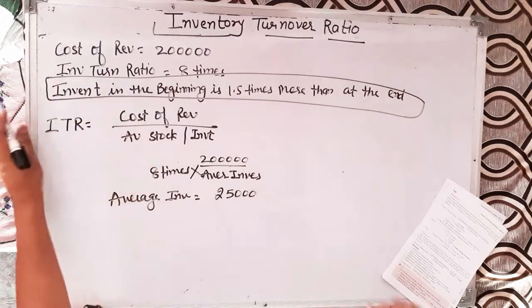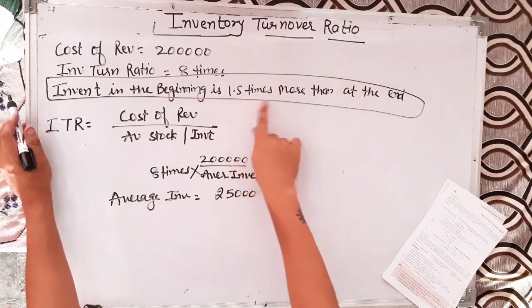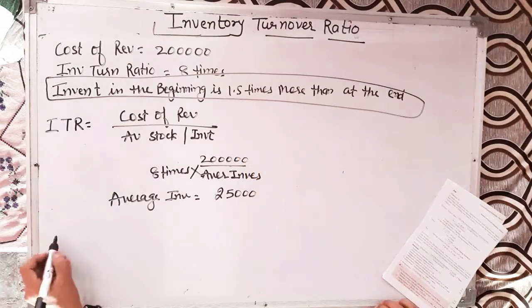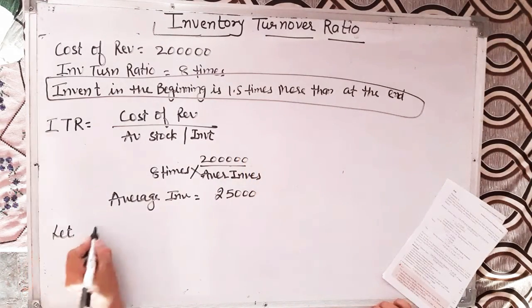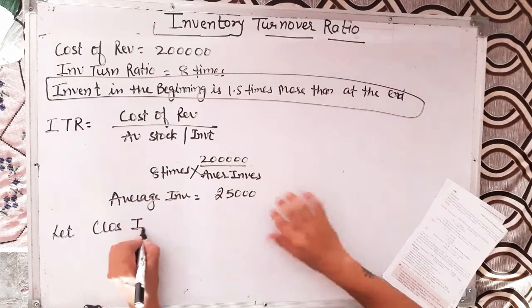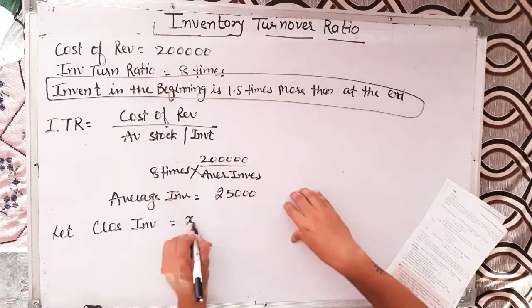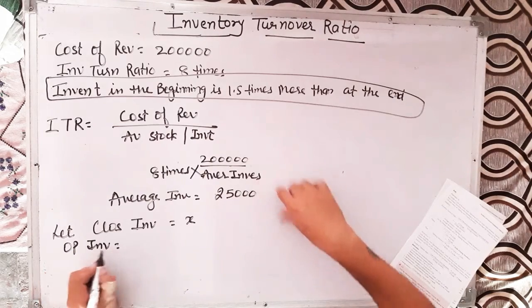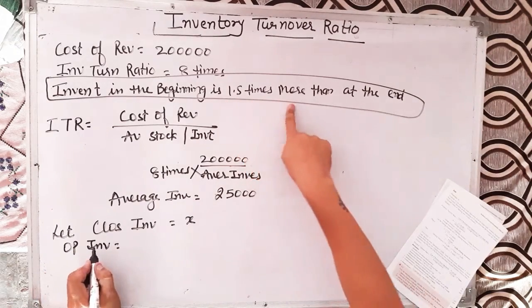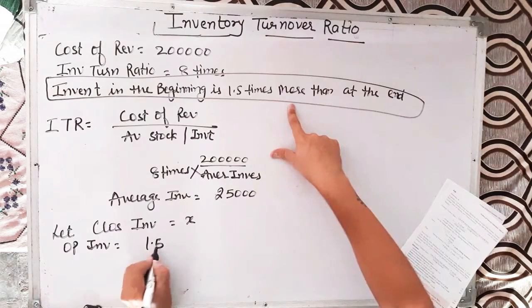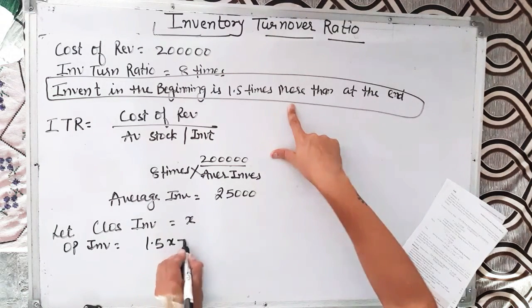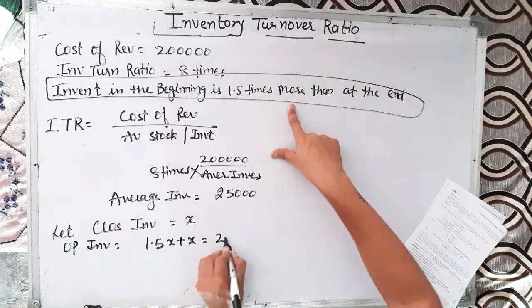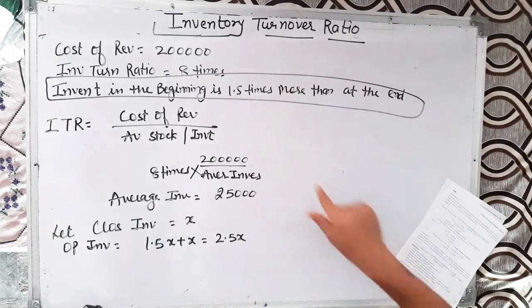Okay, now we will read this line again. Inventory in the beginning is 1.5 times more than at the end. Let closing inventory be x, opening inventory 1.5 times more, 1.5x plus x, that is equal to 2.5x.